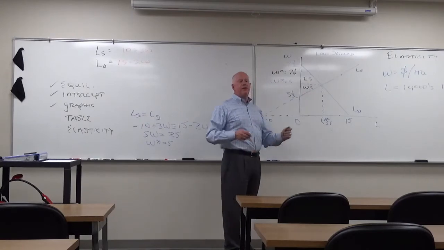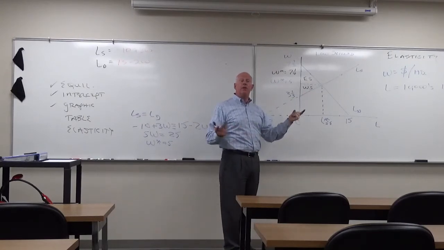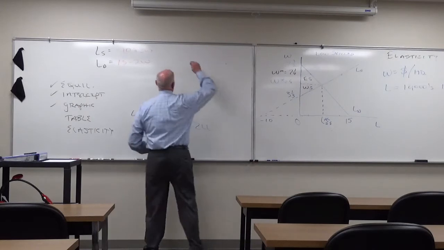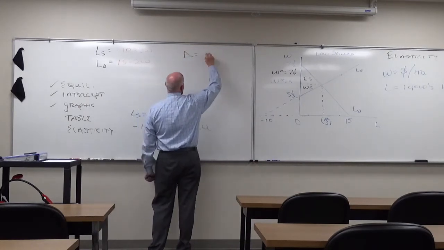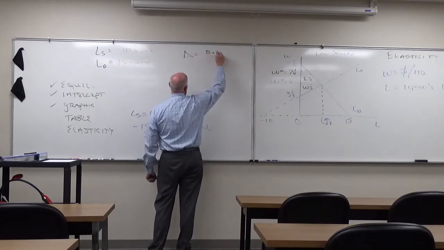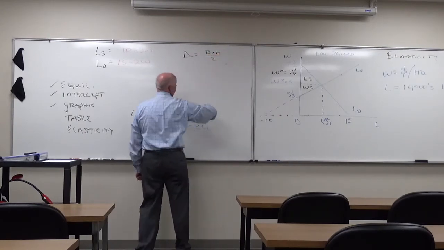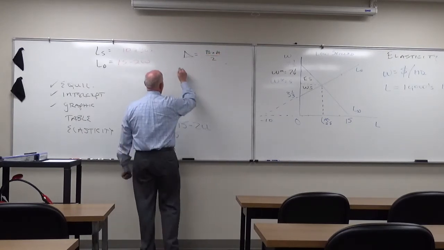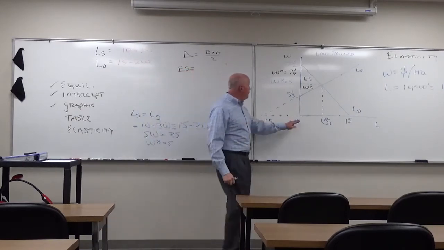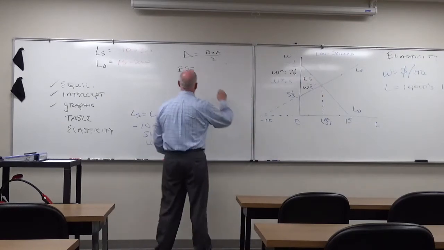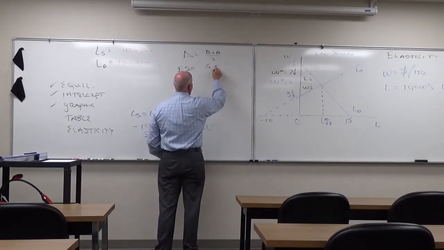So we first have to find the rectangular base and height, and then we're going to divide by 2, because any triangle we can think of is going to be equal to base times height divided by 2. Well, in this case, if we're looking at employer surplus, we've got the base 5 times the height.